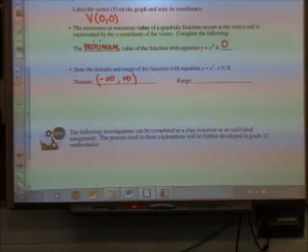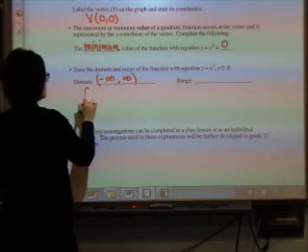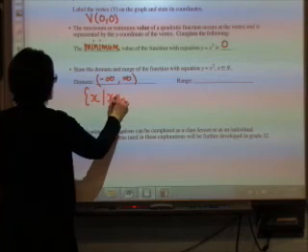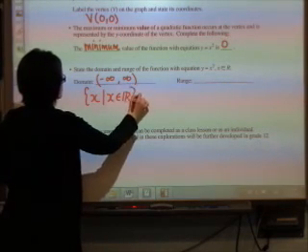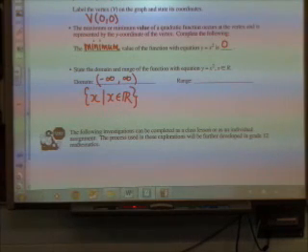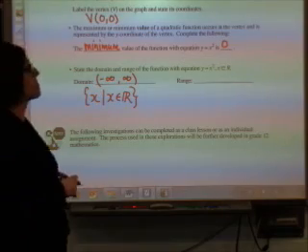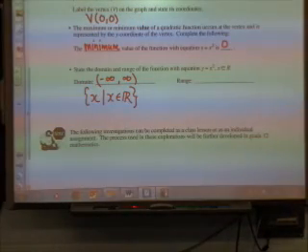I can also use set notation with the squiggly brackets: values of x, such that x is a real number. And it is important that you be able to go back and forth between these two types of representations. What are my possible y values for this parabola?